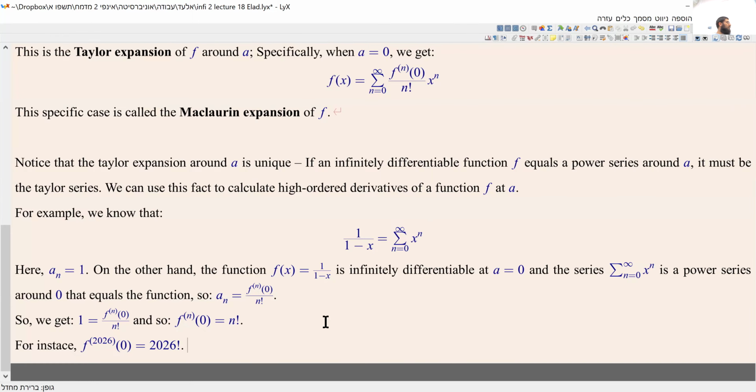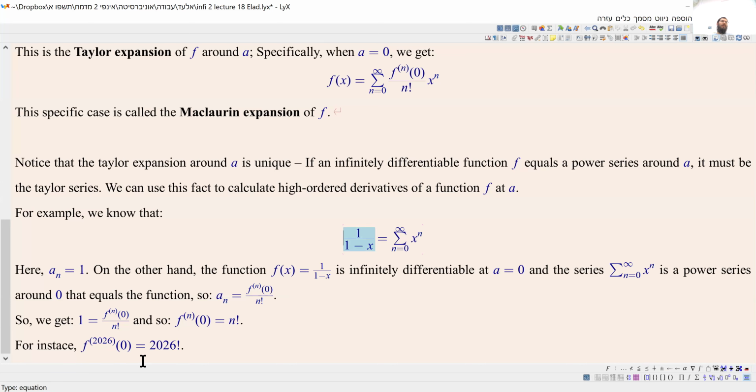Now, a legitimate question: this is the function, calculate the 2026th derivative of the function at 0. Now I'm not going to differentiate it 2026 times. Now I'm going to find the Taylor expansion and compare the coefficients in order to understand what this derivative is.